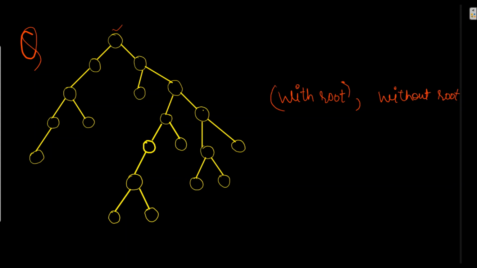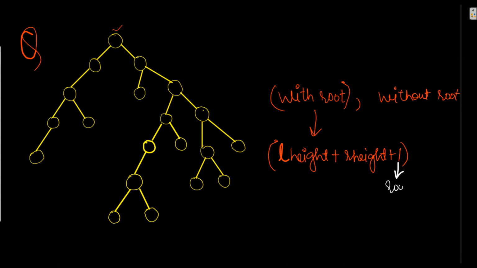With root, we have calculated the maximum depth, the height of the binary tree, which is left height plus right height plus 1 for the root. And simultaneously we'll take for without root, which is the max of left dia and right dia.